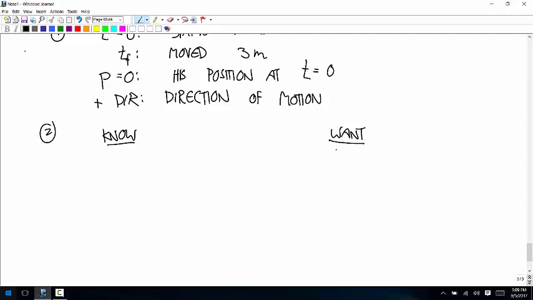We do want that later, but I'm going to do it one step at a time. So for now, I'll just leave that off. Do we know the position when time is equal to 0? Yep. P initial is equal to 0. Do we know the position at time final? Yep, so P final is positive 3 meters.